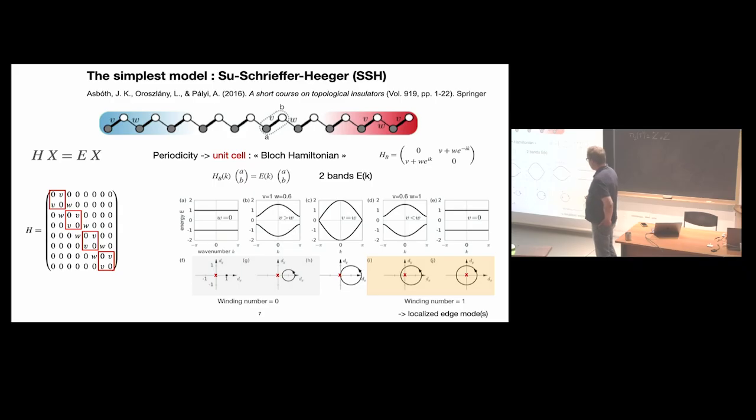So we have the gap closing. And then we go to the other case, V less than W. But when you reverse V and W, you have the same band. So between V more than W and vice versa, it is the same band. But for the same band, that's where some index comes in.